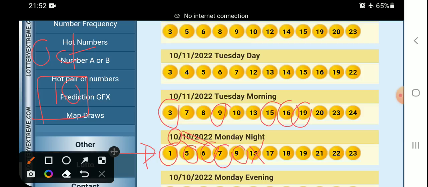15 does not give us anything. 17 and 10 gives us a 7. 18 with 10 gives us a 9 and 8. So 18 minus 10 is 8.